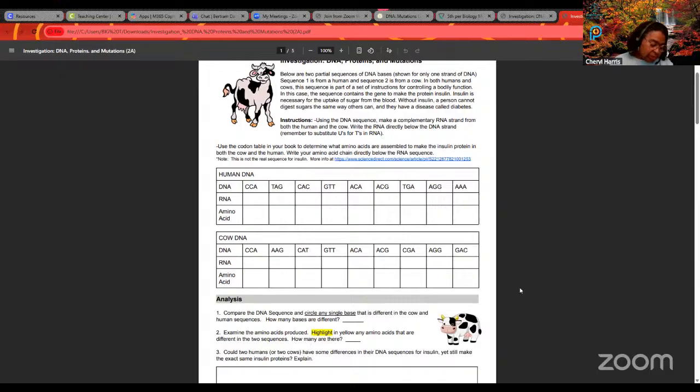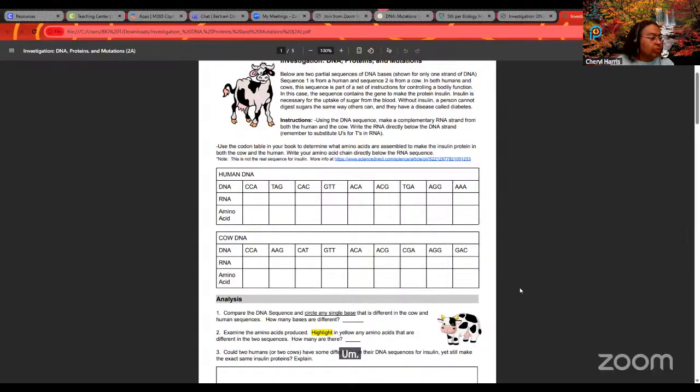The next one in the human is CAC. In the cow, it's CAT. If you go down a few more, we have TGA in the human, CGA in the cow, and then the last one, you have AAA in the human and GAC in the cow. So those should be circled on both strands.